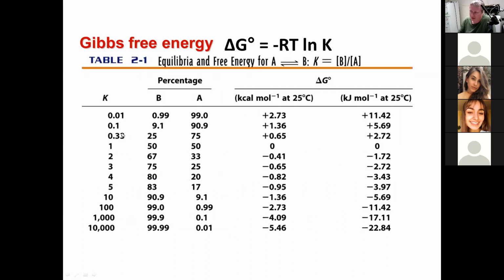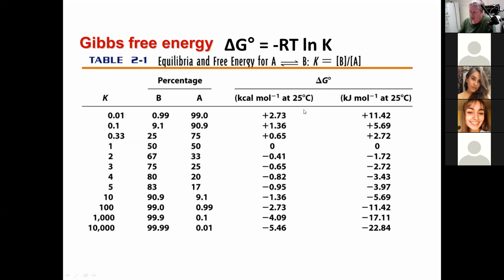This just shows a couple examples of K values. B is the product and A is the starting material. So it's a little backwards, I guess you'd say. When K is really small, really tiny K, you have tons of starting material, tons of left material, right?